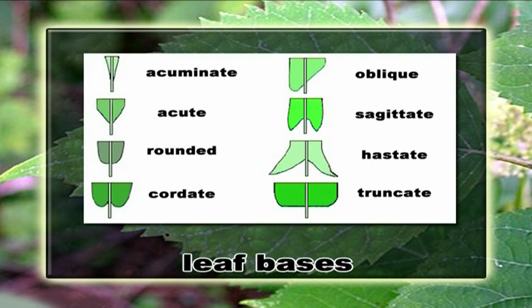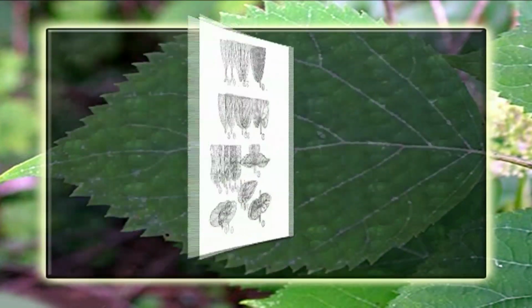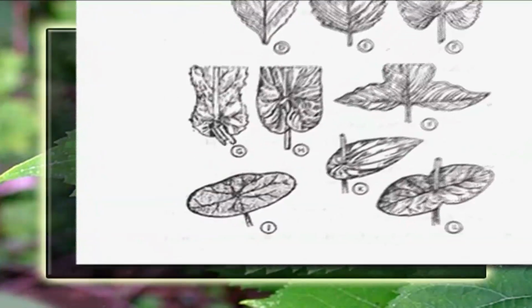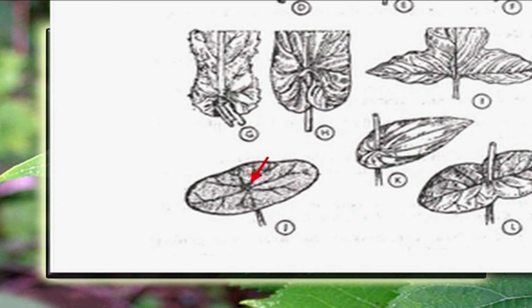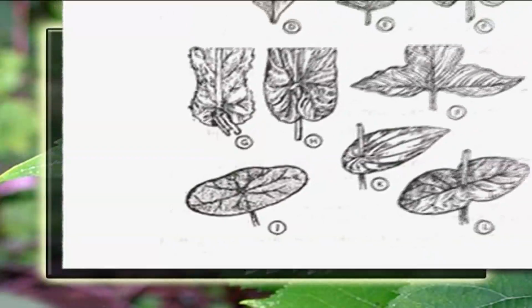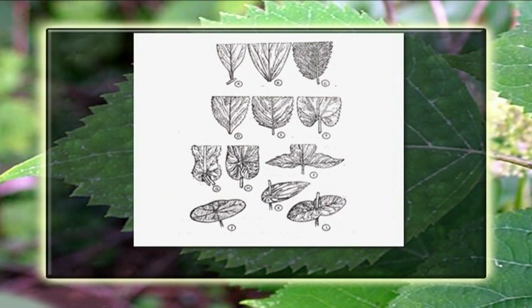Hastate, leaf with a pair of basal lobes spreading gradually outwards. For example, Polygonum arifolium. Peltate, leaf with petiole attached near the center on the ventral surface of orbicular lamina. For example, Nelumbo or Garden nasturtium, etc.